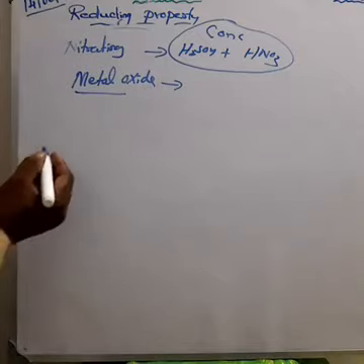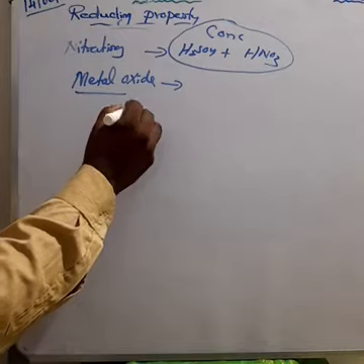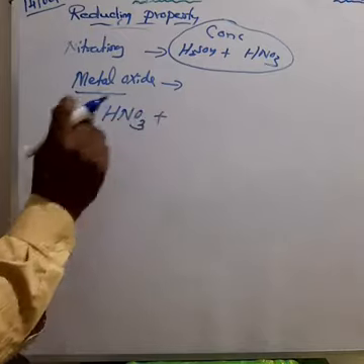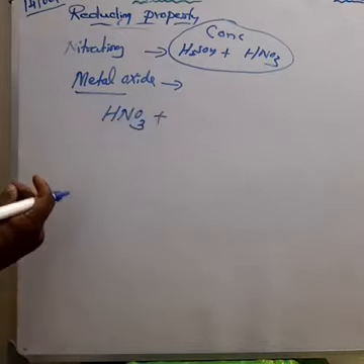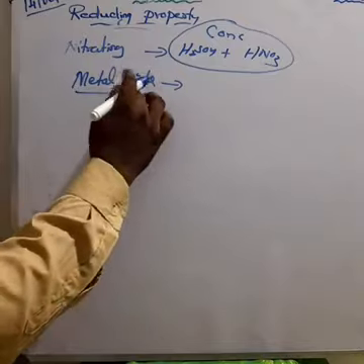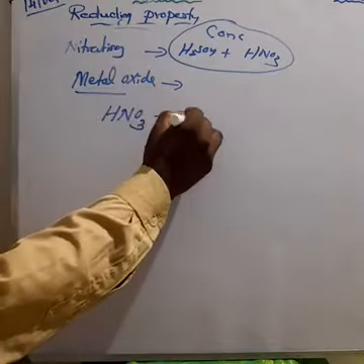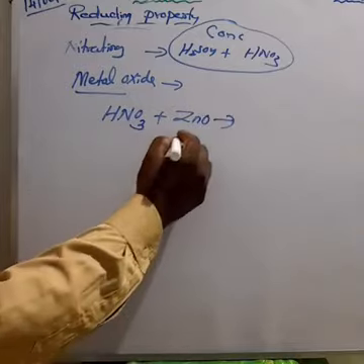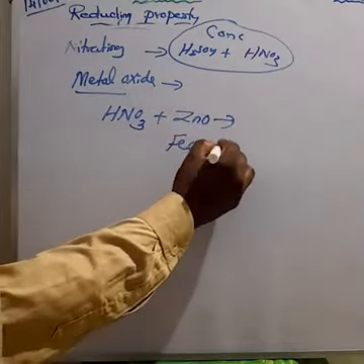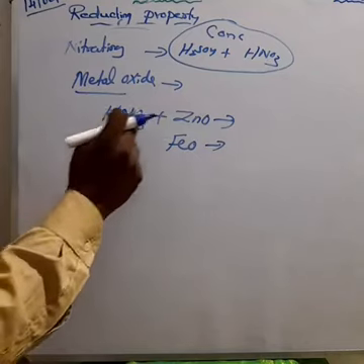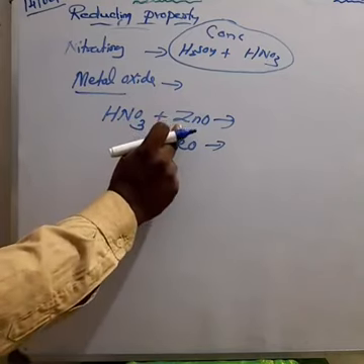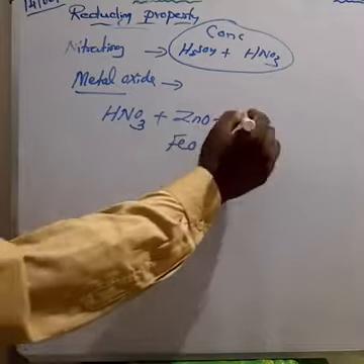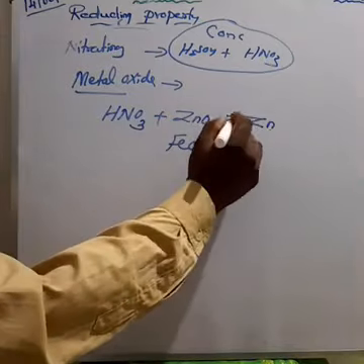As an acid, nitric acid reacts with metal oxide. For metal oxide, I am taking zinc oxide, otherwise iron oxide. Anyhow, nitric acid on reacting with zinc oxide gives zinc nitrate.